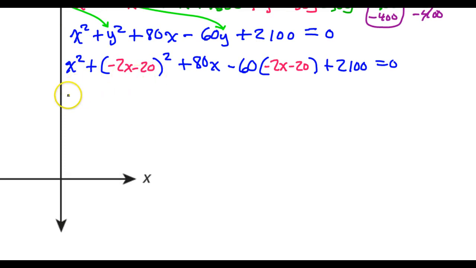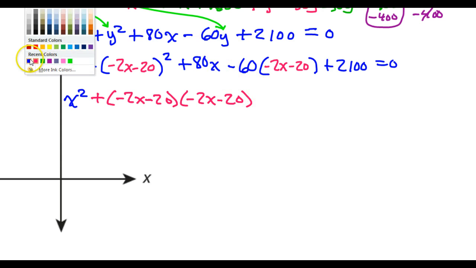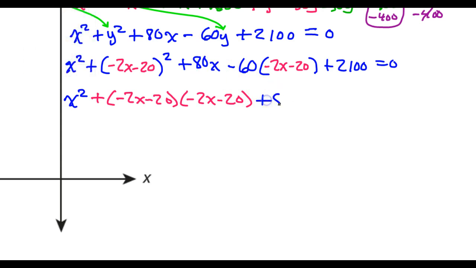Okay, so I've got my x squared. This has to be written out as a binomial times a binomial. So this will be negative 2x minus 20 times negative 2x minus 20. Okay, and then I pick up from here with the plus 80x. Now I'm going to distribute this.